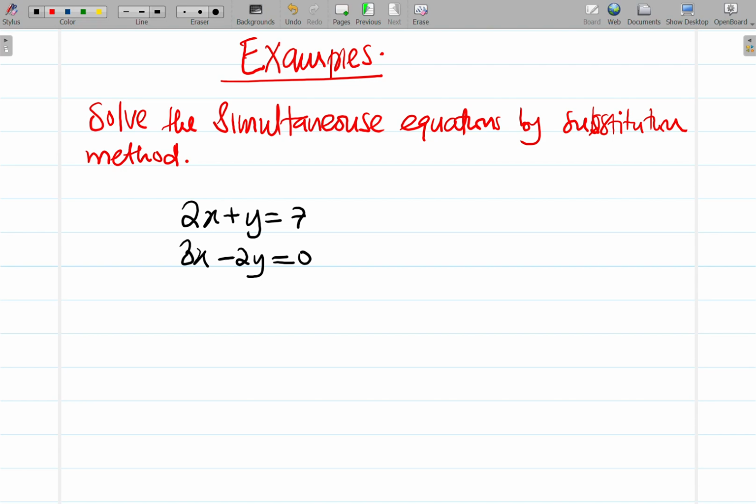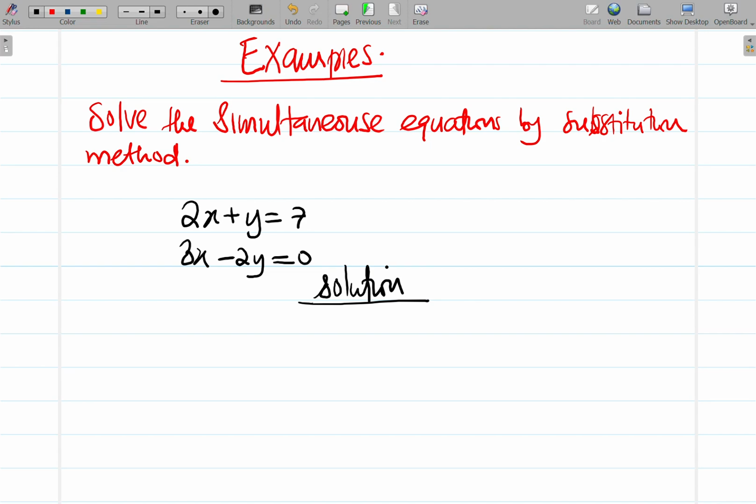Solution. Now here I want you to recognize one thing. We said substitution can be used if one of the equations has got a single x or a single y.